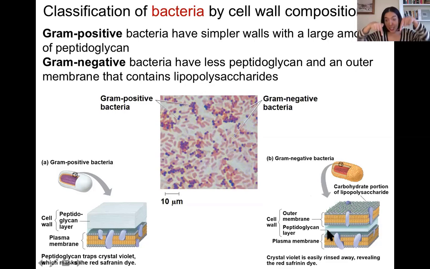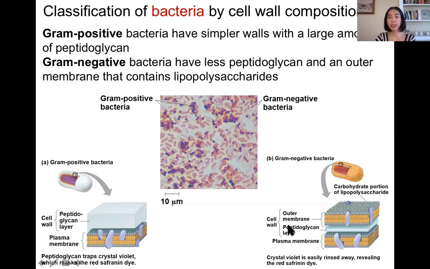This one down here has peptidoglycans in between these two layers, the plasma membrane and the outer membrane. So the cell wall in this case is combined into these two elements, the peptidoglycan and the outer membrane in the gram-negative bacteria.